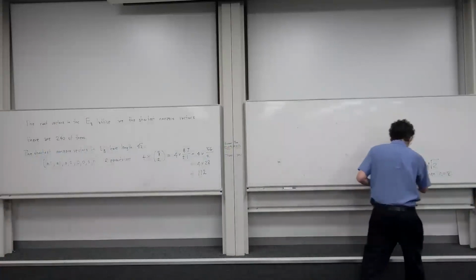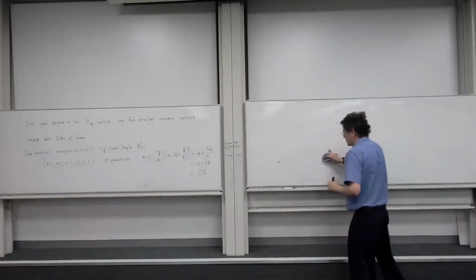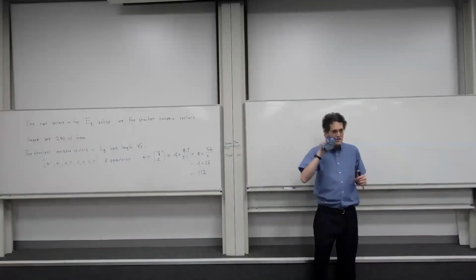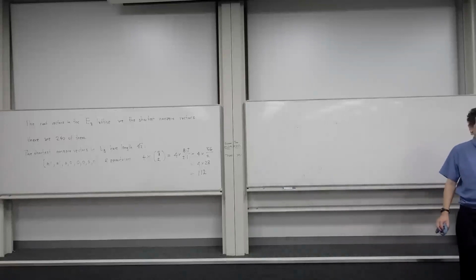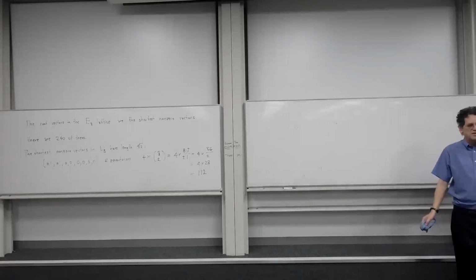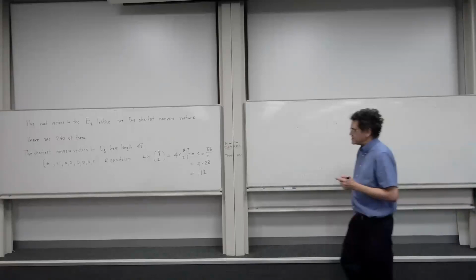Can someone tell me anything about how you start figuring that out? You don't have to count them instantly, but just tell me something. I think you can argue that every component has to be plus or minus a half, and then you just count how many possibilities there are. That's basically right. There's a little extra twist, but that's the basic idea.